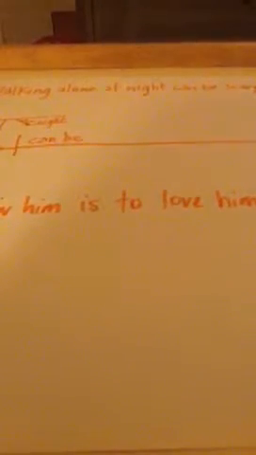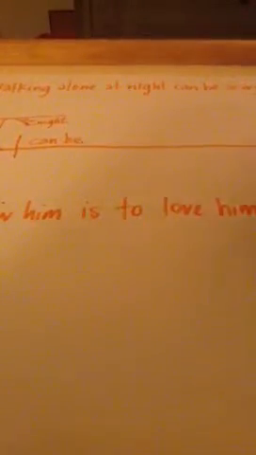So walking alone at night is how we form that. Okay, and then we come back down, and we do our bisector because we're separating the subject and the verb, pretty much the guts of the sentence. And our verb is can be. And so what's the next thing? Is scary. And what is scary? Scary is our subjective complement, and it's also an adjective.